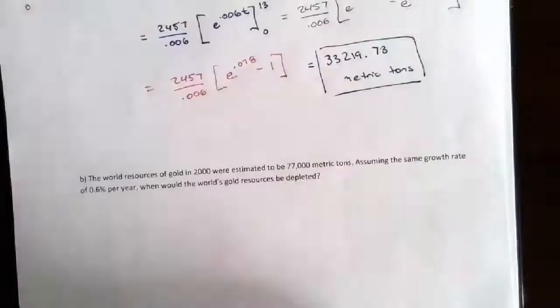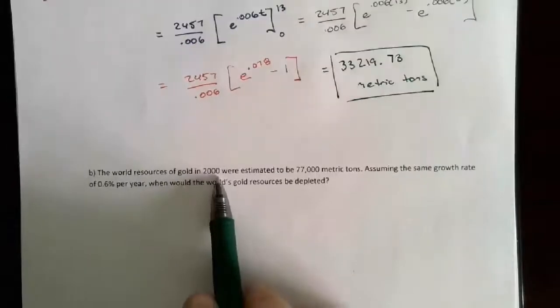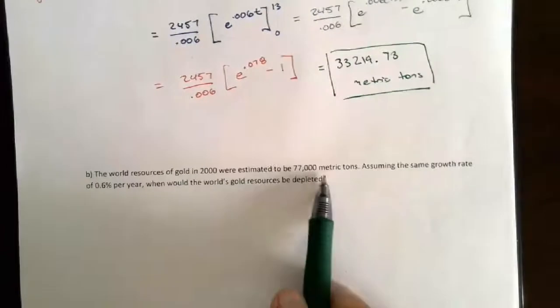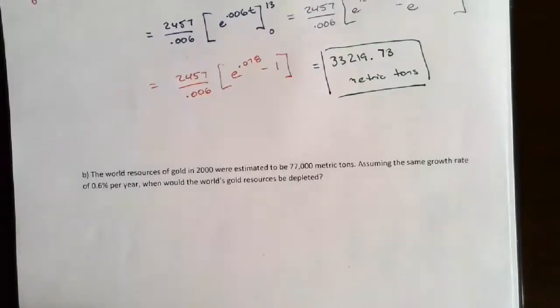Part B says the world resources of gold in 2000 were estimated to be 77,000 metric tons. So when t equaled 0, in that first year, they estimated that 77,000 metric tons of gold were left.